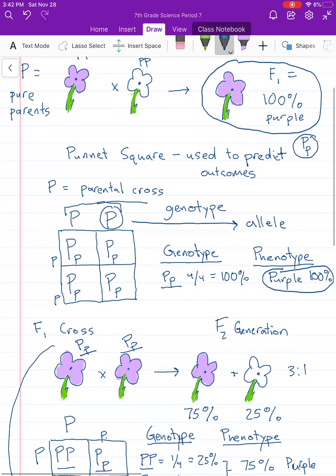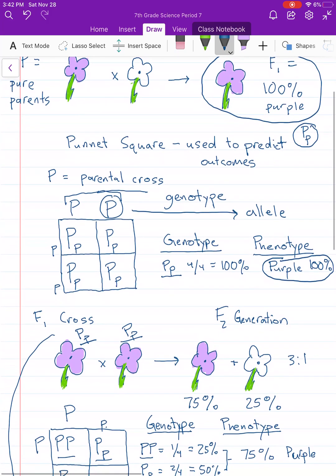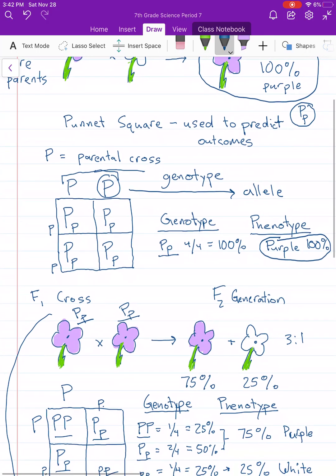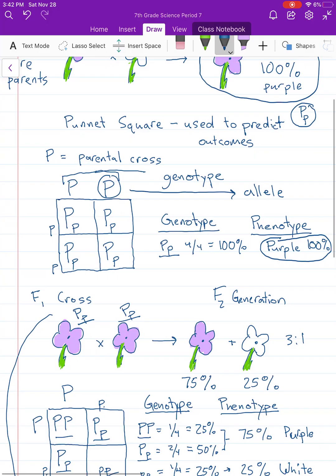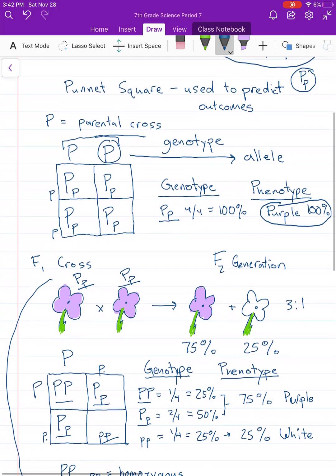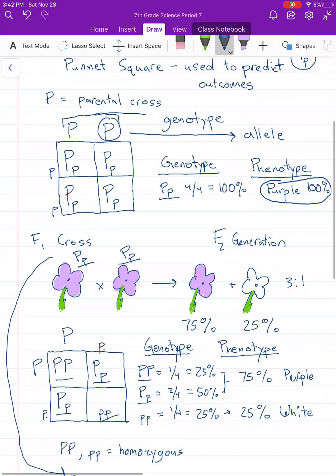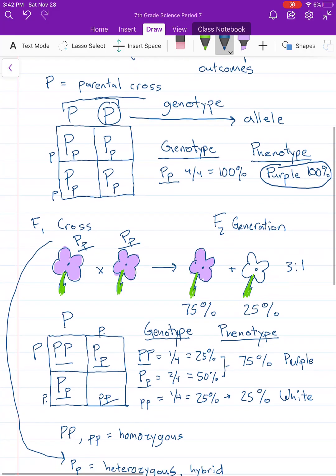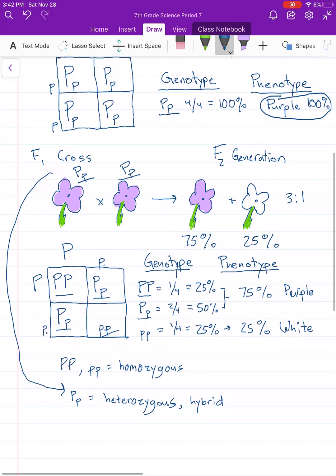Remember, if you watched the earlier notes, you'll know what that involved, cutting off the stamens and so forth. And he crossed those purple together, and he ended up with some purple and some white, but exactly 75% of those purple and 25% white.